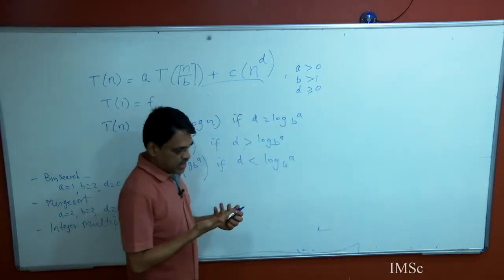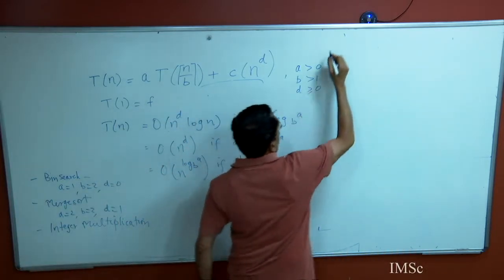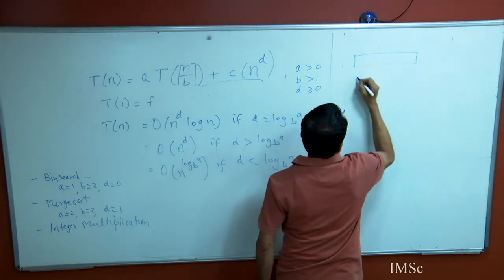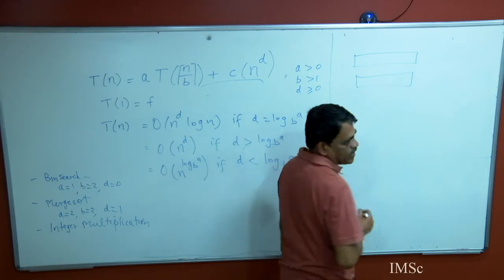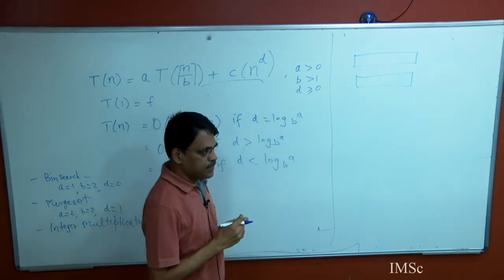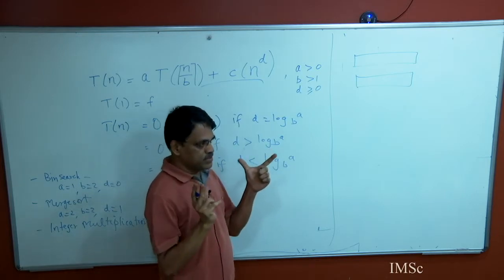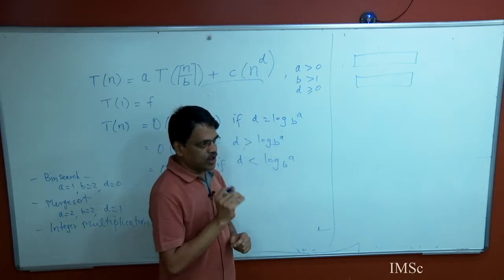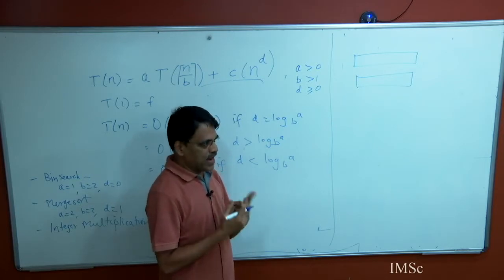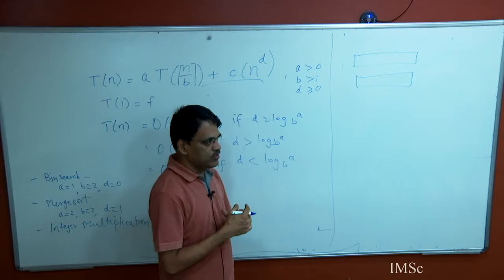Not everybody was here last time, I think. So just to quickly recall what we did, we want to multiply two n-bit numbers. We want to count how many single-digit multiplications we are doing. The standard algorithm which you learnt in high school will take how much time?